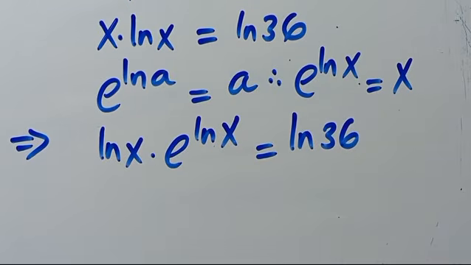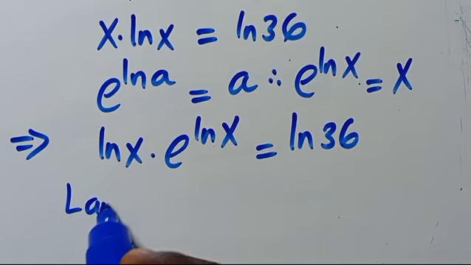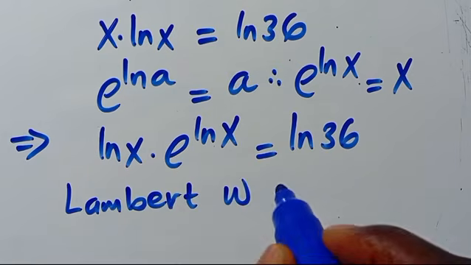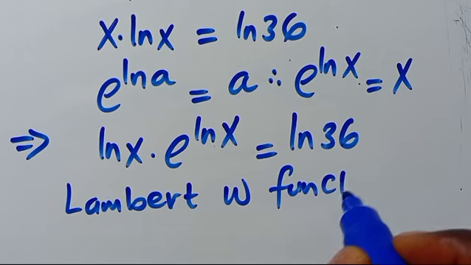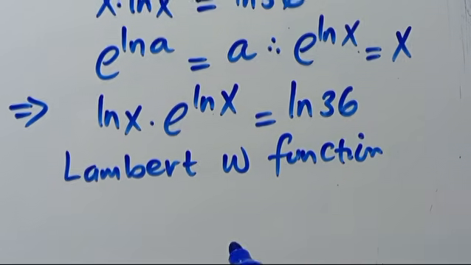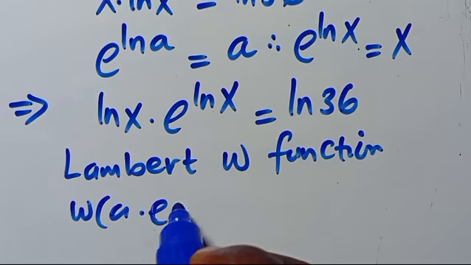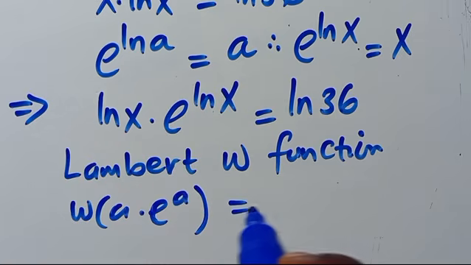The Lambert W function says, when you have the Lambert W function of a times e to the power of a, this equals a.